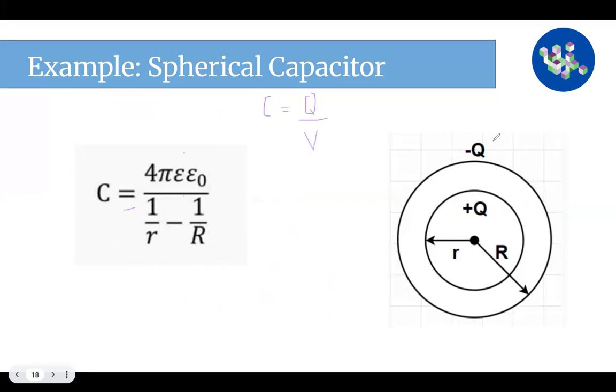I don't need to care about the outer shell, I only care about the inner shell. I can easily find the electric field in the region between the two shells, integrate the electric field to find the voltage, and then find the capacitance. So that's the overall idea of that problem. So let's move on.